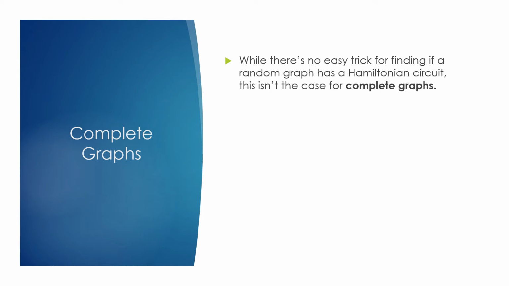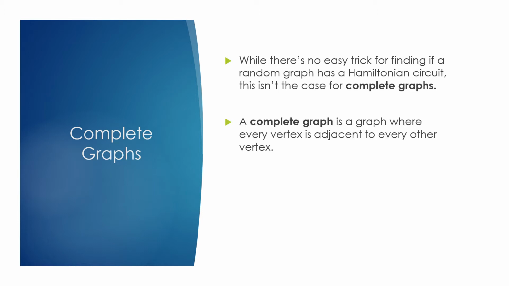Now, just because there's no easy trick to find a Hamiltonian circuit in some random graph, and it can be kind of time-consuming, especially for some really big ones, this isn't the case for what's called a complete graph. A complete graph is just a graph where every vertex is adjacent to, or shares an edge with, every other vertex.